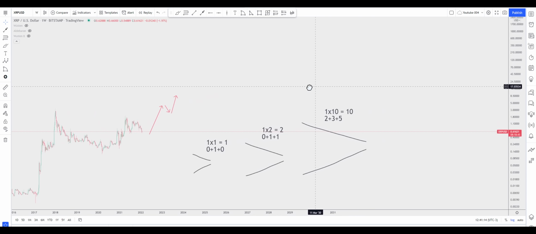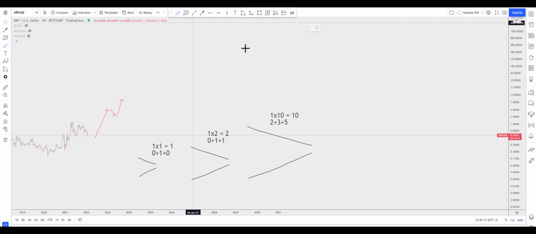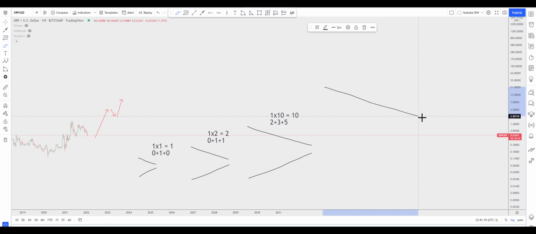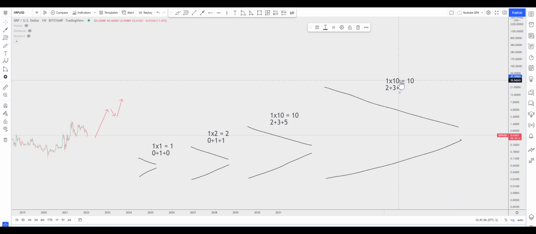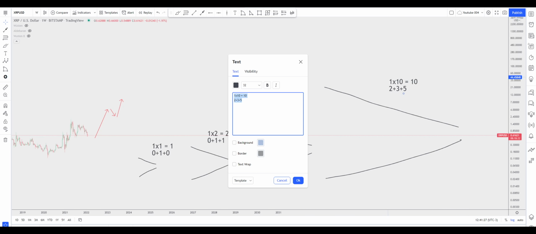And now, just another one. So 10 plus 10 plus 30.